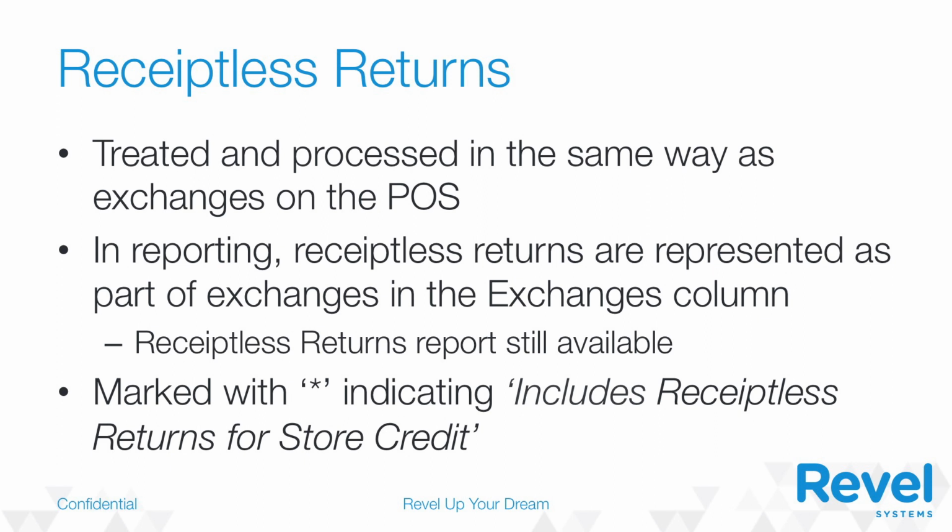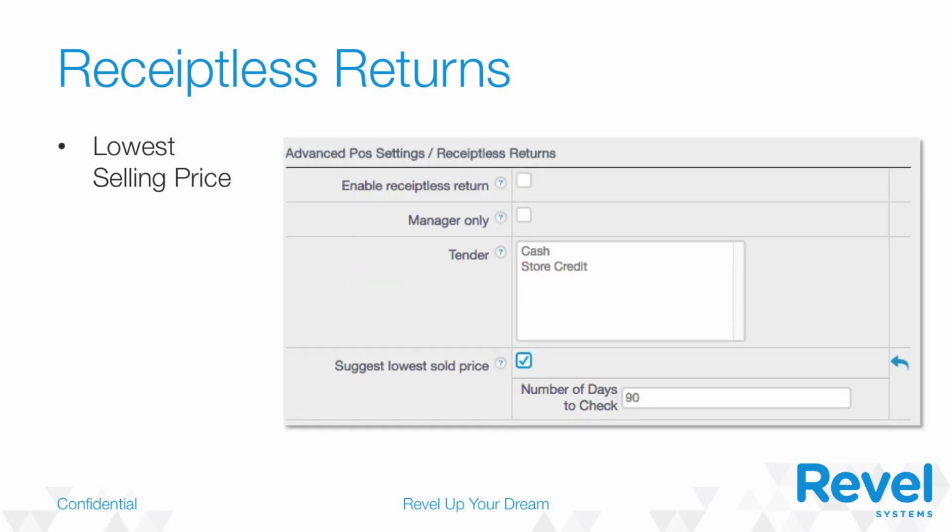Now, a common scenario perhaps: let's say a customer brings in a return with no receipt, and your staff has no knowledge of it being bought on sale or with a coupon, and so we can't give a refund at full price. So in that scenario, we have the lowest selling price.